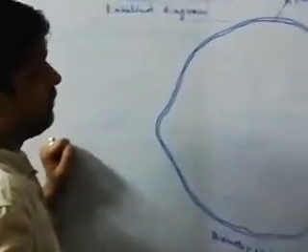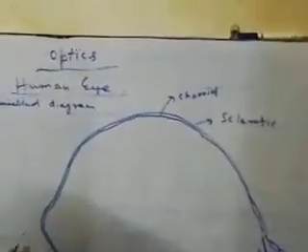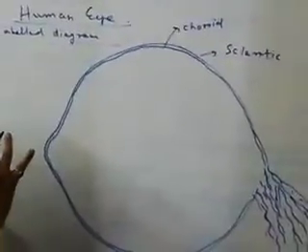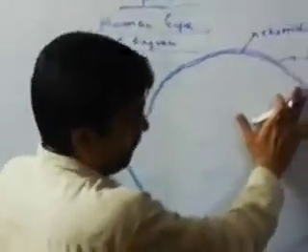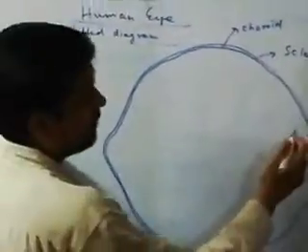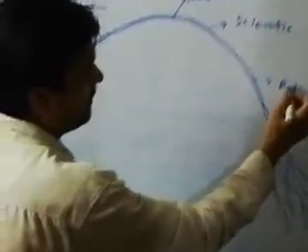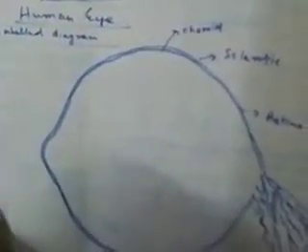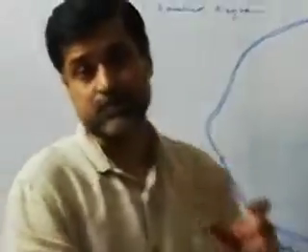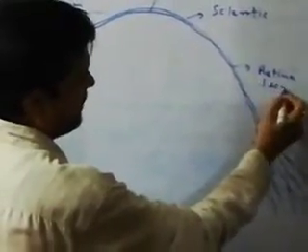How we visualize the objects and how the image is formed is also because of the function of the human eye, which we are to study. Here the back side of the eyeball has the retina. The retina is just like a screen where two types of cells are present, rod cells and cone cells. So the retina acts like a screen.